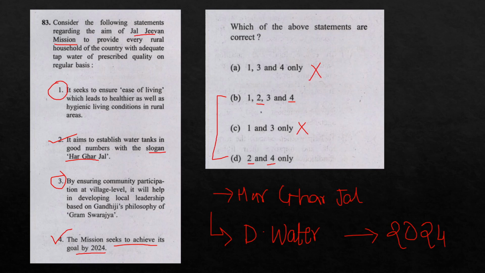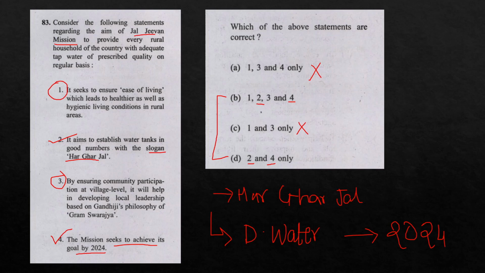Now we have to determine whether both of these are correct or none of these are correct, right? It seeks to ensure ease of living, which leads to healthier as well as hygienic living conditions in the rural area. And the third statement says that by ensuring community participation at village level, it will help in developing local leadership based on Gandhiji's philosophy of Gram Swarajya.